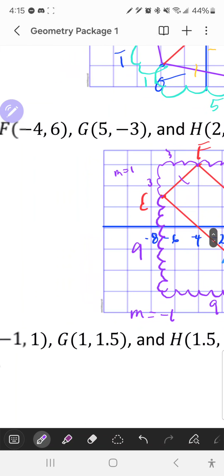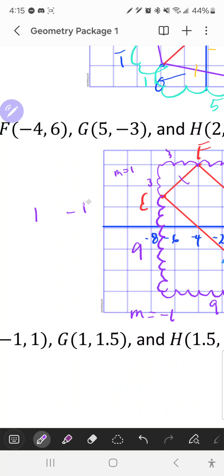Basically, the reciprocal of 1, so 1 over 1 is basically 1, is going to be 1 over 1. They are reciprocal because it's the same number over the same number. And now the opposite and reciprocal is going to be negative 1 over 1, which is basically this, because any number divided by 1 is the same number.